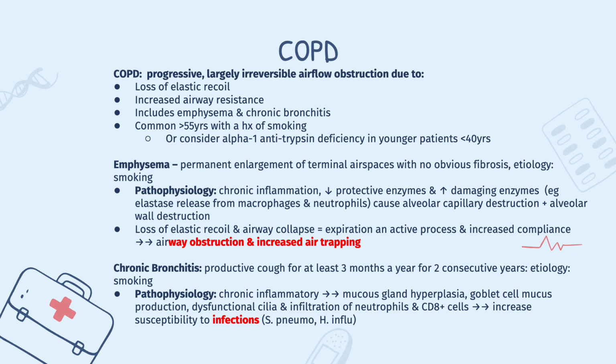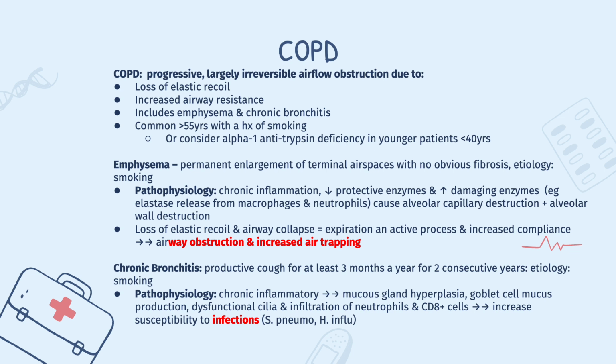That causes alveolar capillary destruction and alveolar wall destruction. We have a loss of elastic recoil, and that leads to airway collapse. Expiration becomes an active process with increased compliance.